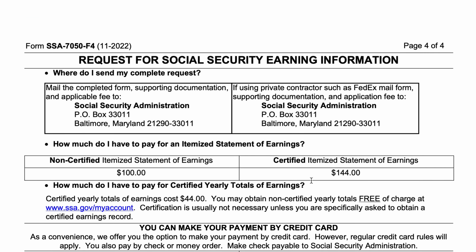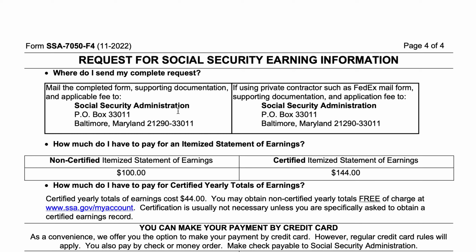So, if you're mailing, you mail it to the Social Security Administration, P.O. Box 33011, Baltimore, Maryland 21290-3011. If you're using like FedEx, you can send it to that P.O. Box as well.